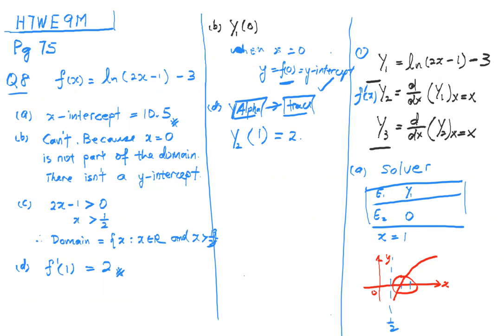Okay. Now, for part E, listen, for part E, you can't use graphic calculator anymore. Why? Because the question asks you to find f double prime x.